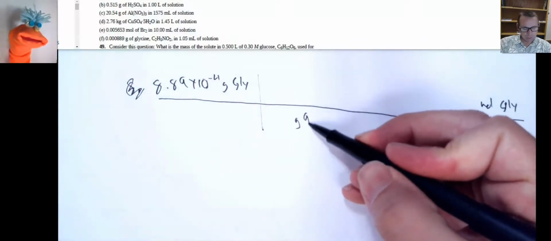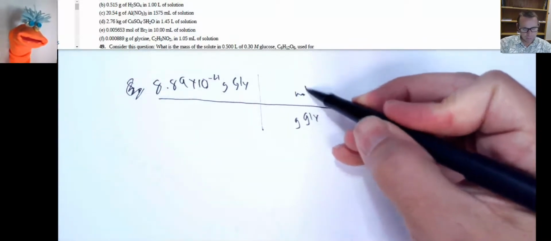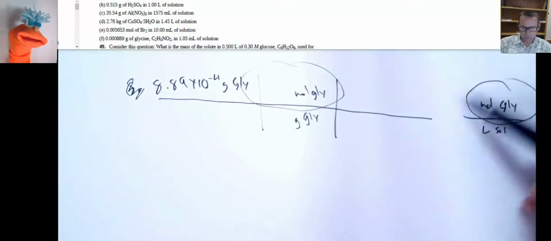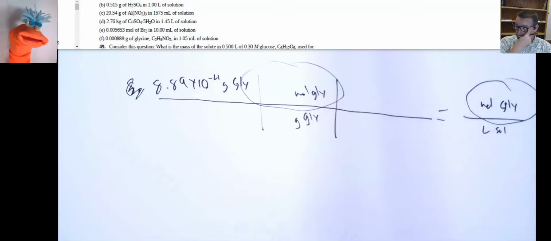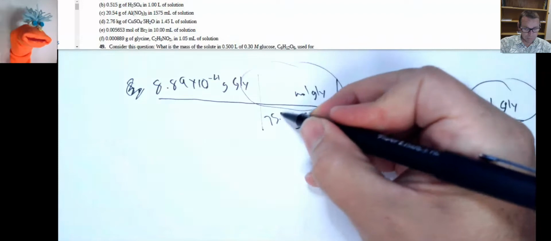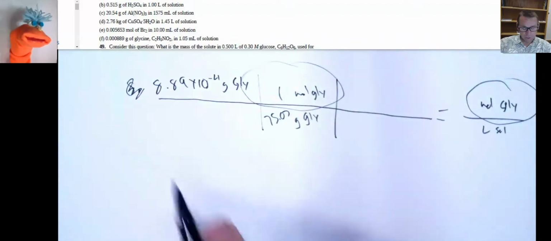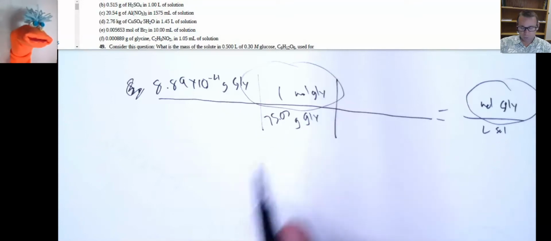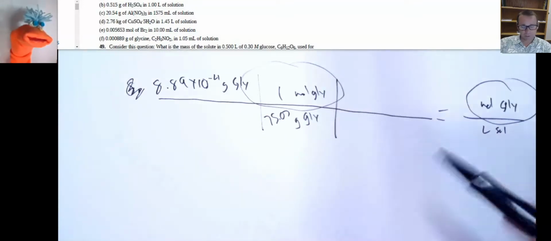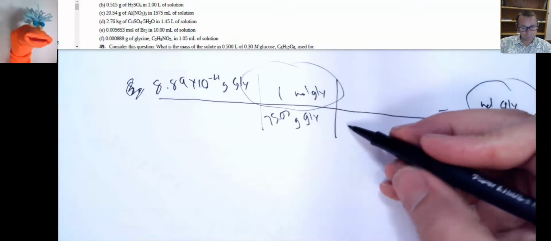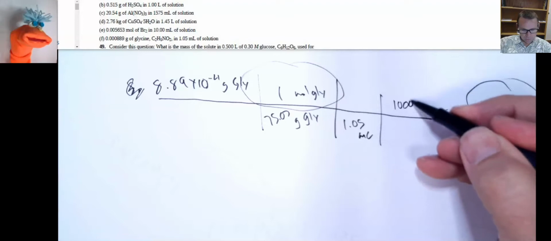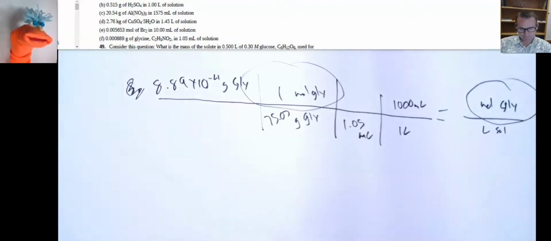So we'll go from grams of glycine to moles of glycine. Well, I want moles of glycine on top, right? Molar mass, it says, is 75.07 for every 1 mole. So 8.89 times 10 minus 4 divided by 75.07. That'll give us moles of glycine divided by liters of solution, 1.05 milliliters. And there's 1,000 milliliters for every 1 liter.